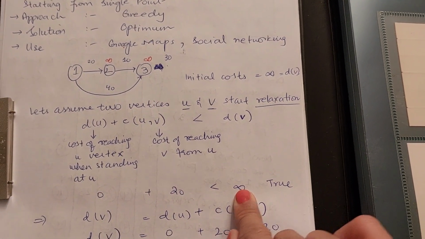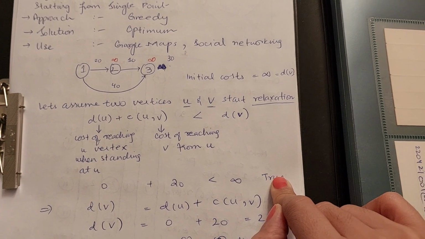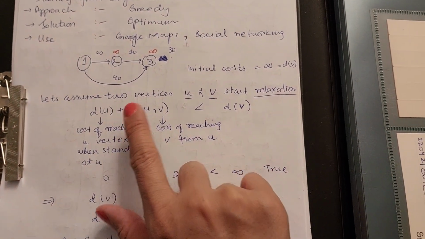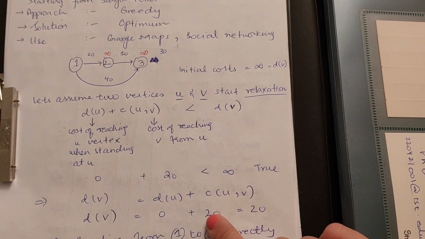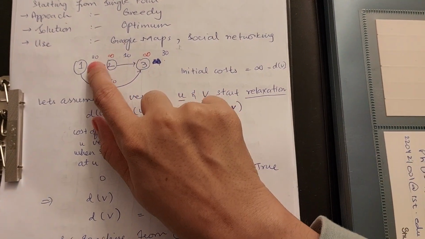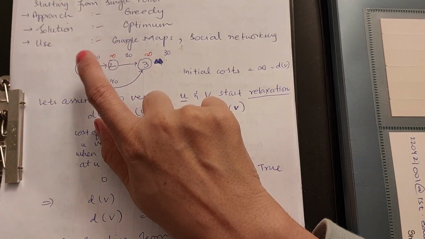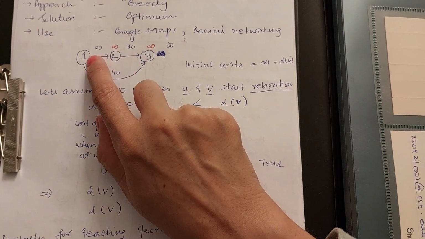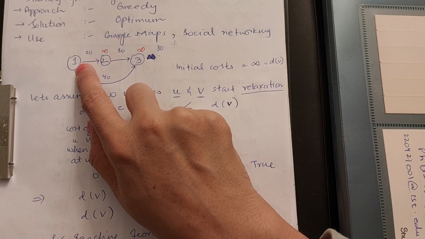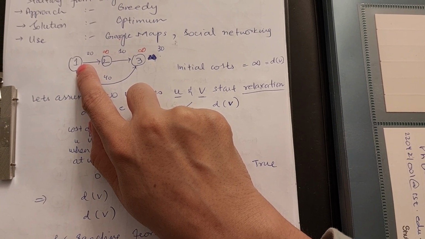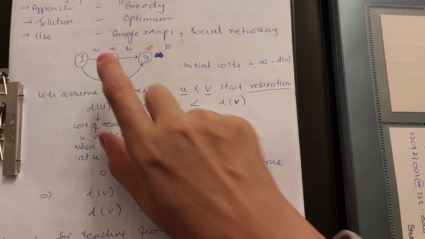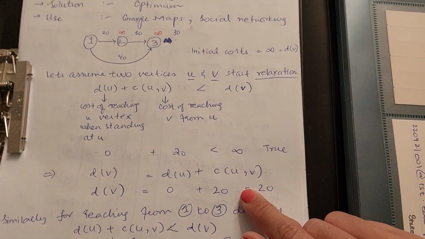It means we can say that dv is equal to du plus cuv, which is equal to 20. So you have added this 20 to 0 and you have got that the cost of walking from this point u to this point v is equal to 20, right?